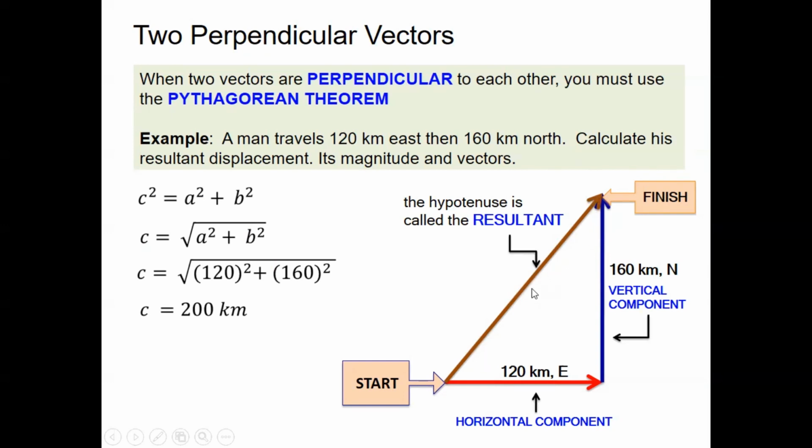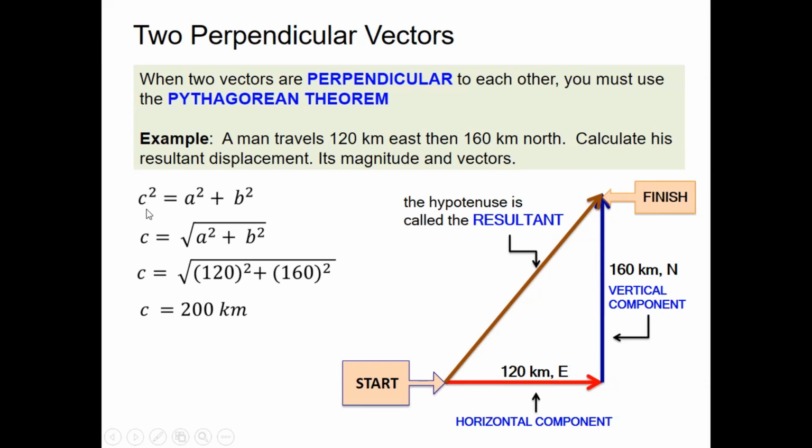So we can find out the magnitude of this vector if we know the magnitude of this vector and the magnitude of this vector. And since we know the magnitude of A is 120 kilometers and the magnitude of B equal to 160 kilometers, then squaring and adding them and then taking the square root is basically the application of Pythagoras theorem. Pythagoras theorem says that C, the hypotenuse, C square will be equal to A square, the base, and the perpendicular, the B square, added together.